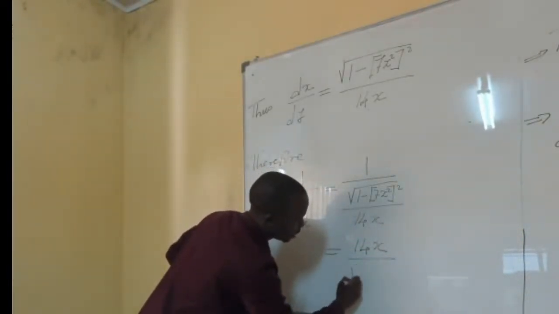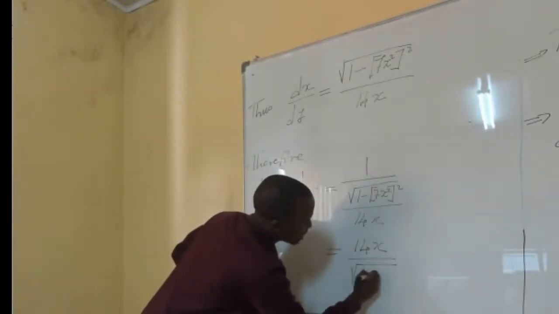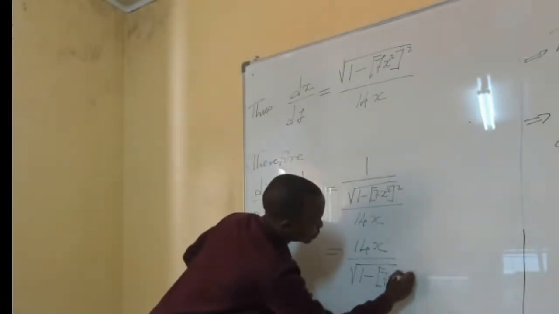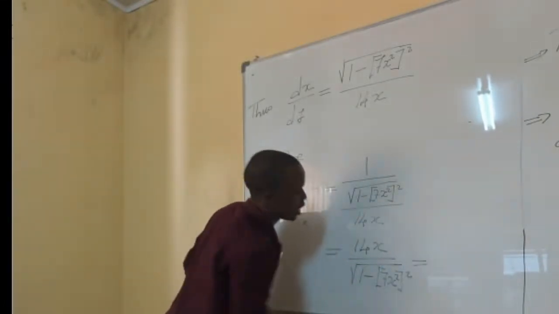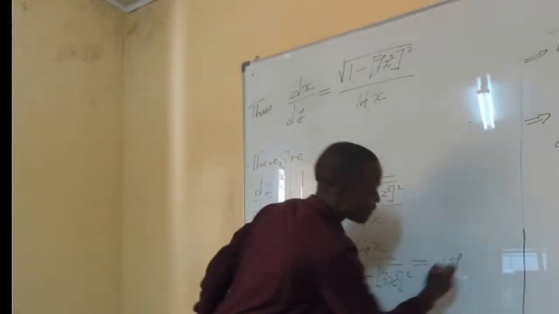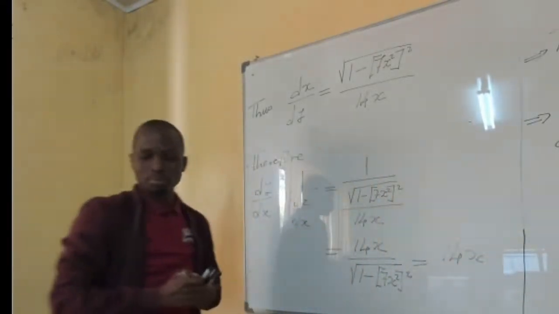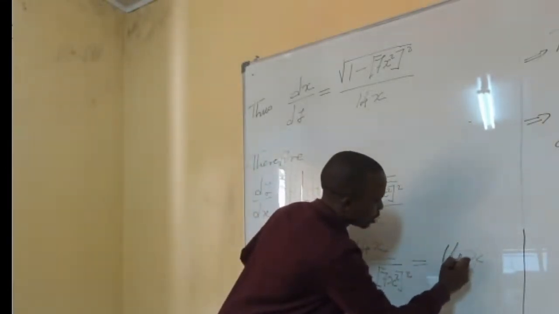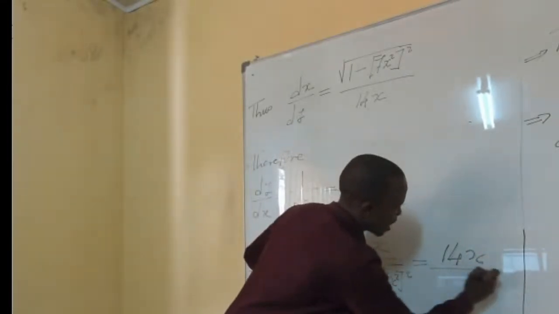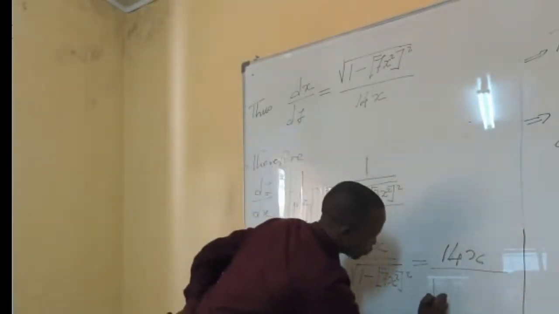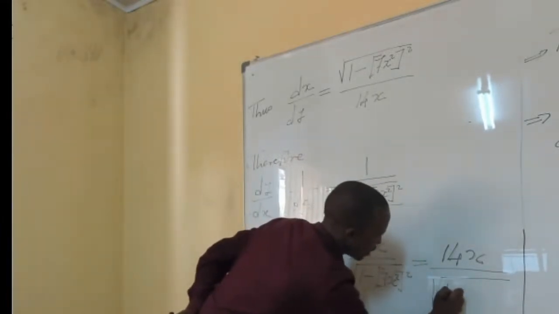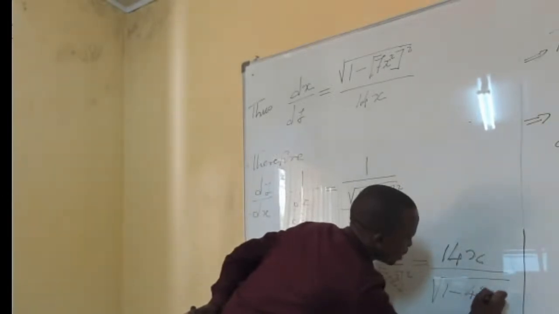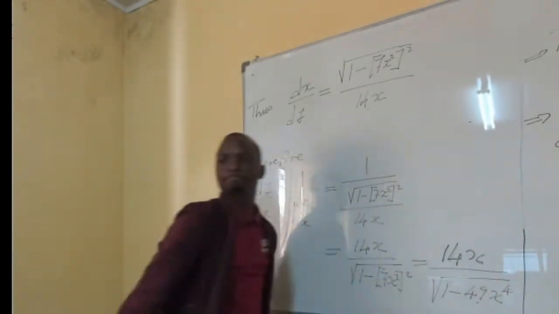divided by the square root of 1 minus, after you do some algebraic simplification, in simplicity form you are going to have 14x divided by the square root of 1 minus 49x to the power 4.